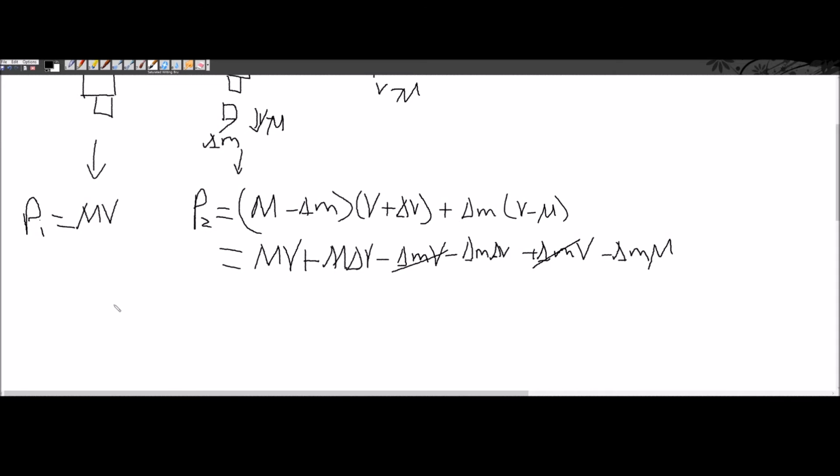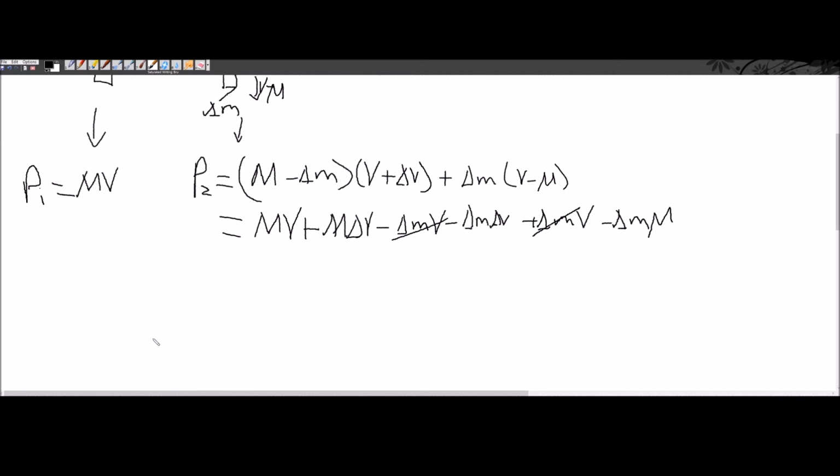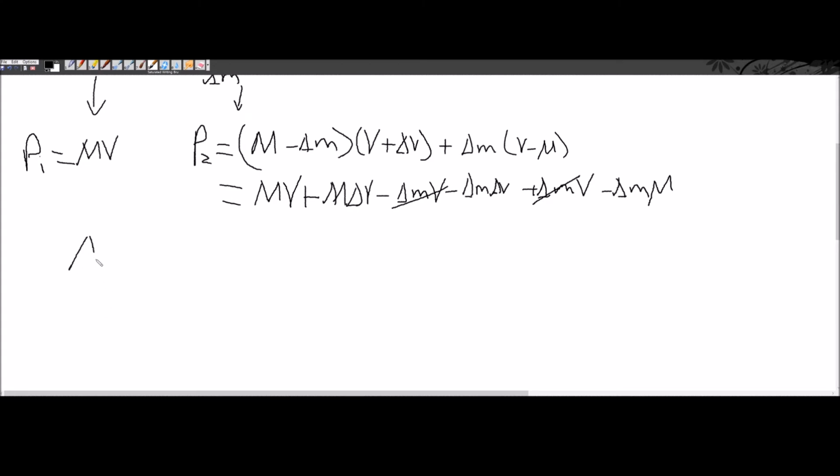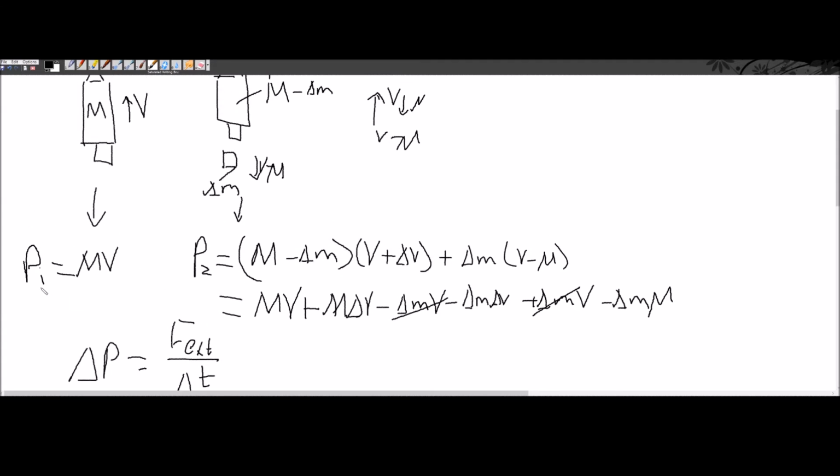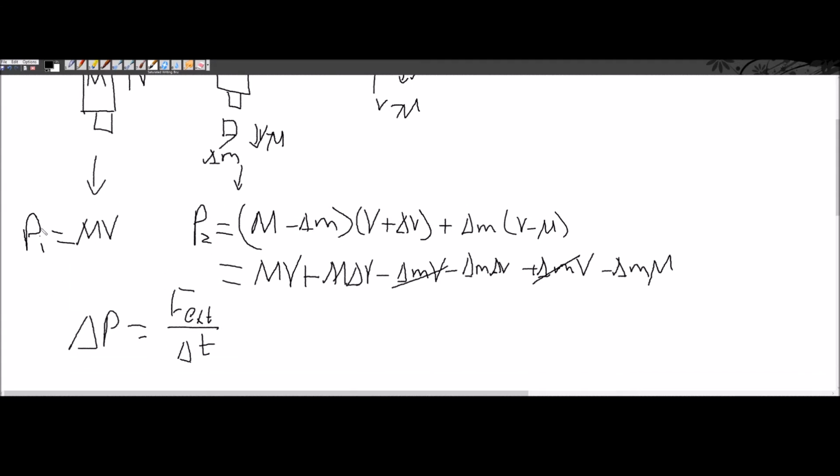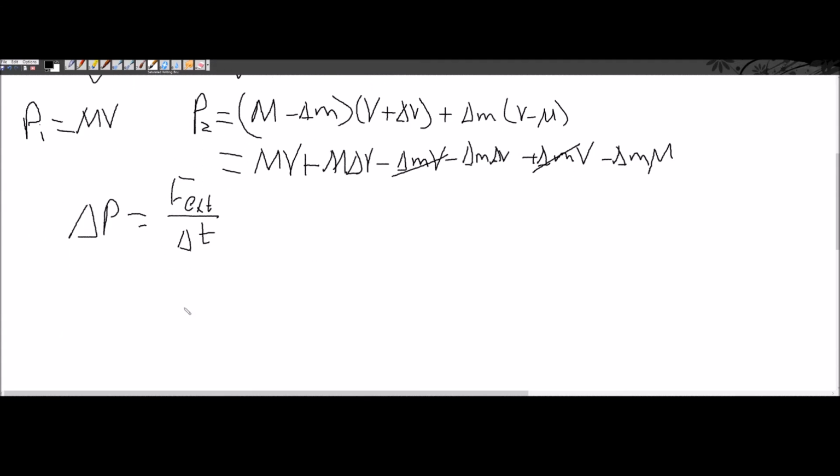Now you know from grade 11 physics, right, the force-momentum relationship. Your change in momentum is going to be the external force on the system over your changing time, right? So let's do that. This is initial, this is final, so let's do final minus initial. So the change of momentum is going to be this thing minus this.